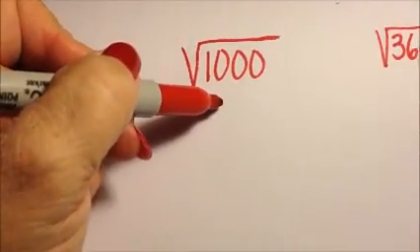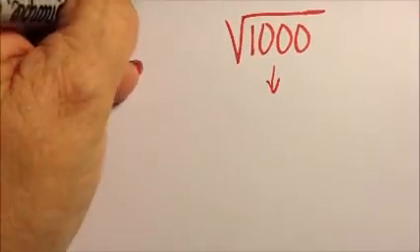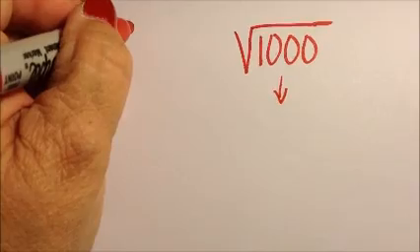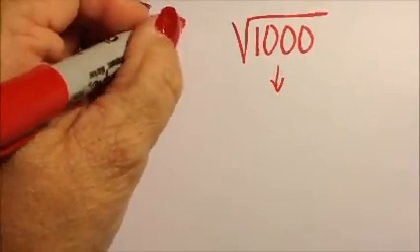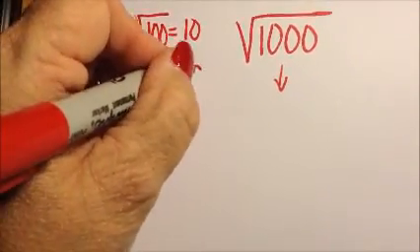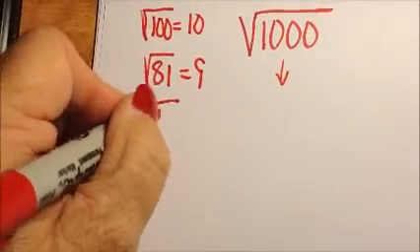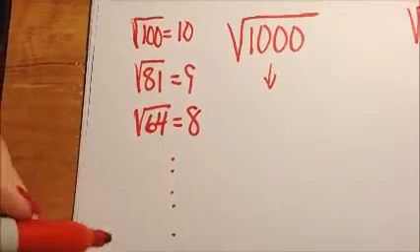So what we're going to do is look at this and think about square roots. For example, the square root of 100 is 10, the square root of 81 is 9, the square root of 64 is 8, and so forth.